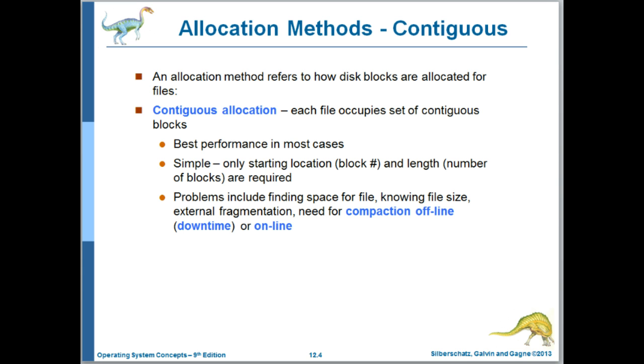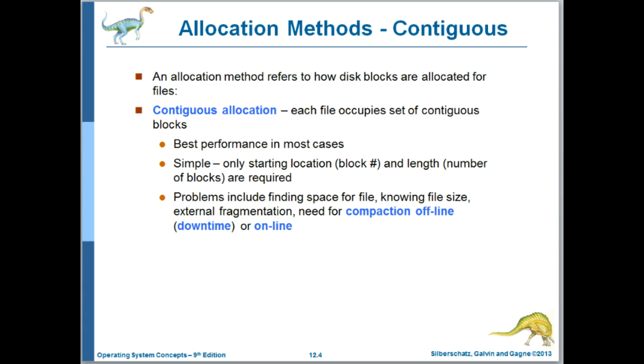Now keep in mind that we're talking about a mechanical disk drive that has seek times, a rotational latency delay, as well as transfer delay. So contiguous allocation is just as it says, all of the blocks for a file are allocated contiguously, which is going to imply that all the blocks for a file are concentrated within a single cylinder or a small number of cylinders, which is great for performance.